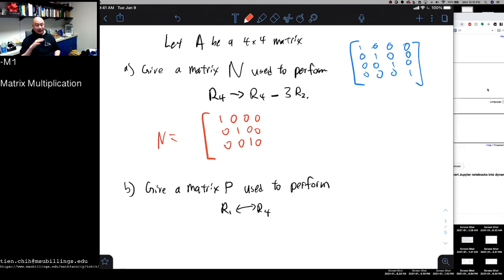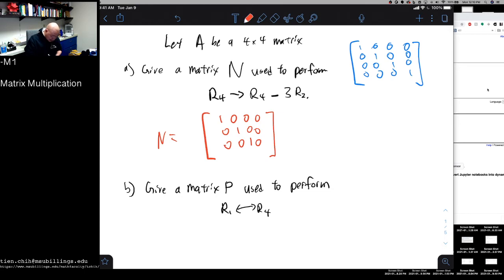And so when I'm looking at N here, whatever A is, I want to see what happens when I take this row against each of the columns of A. And I say, well, what I want is for there to be one copy of R4 and minus 3 copies of R2.